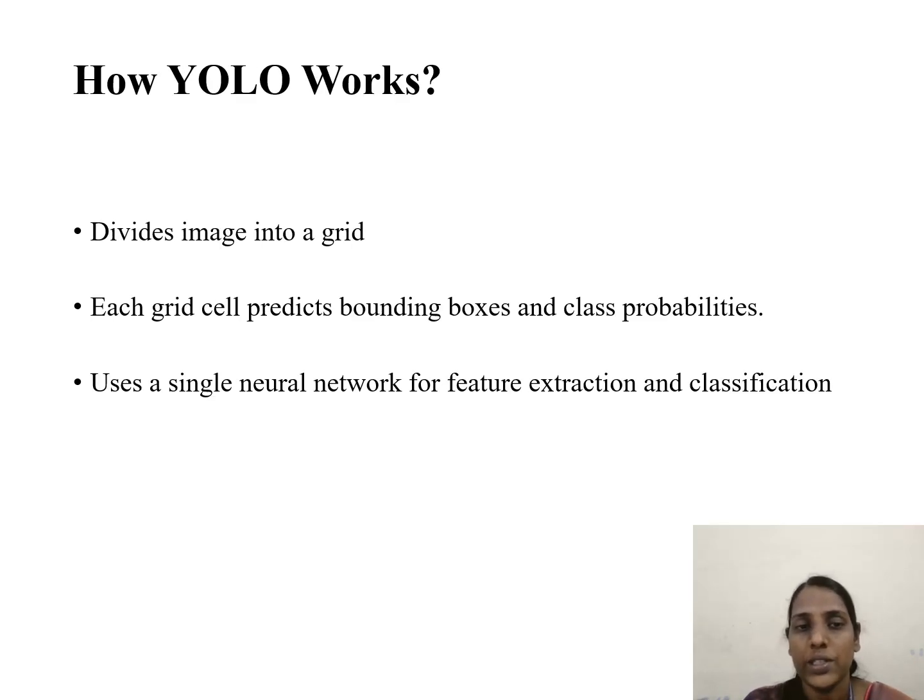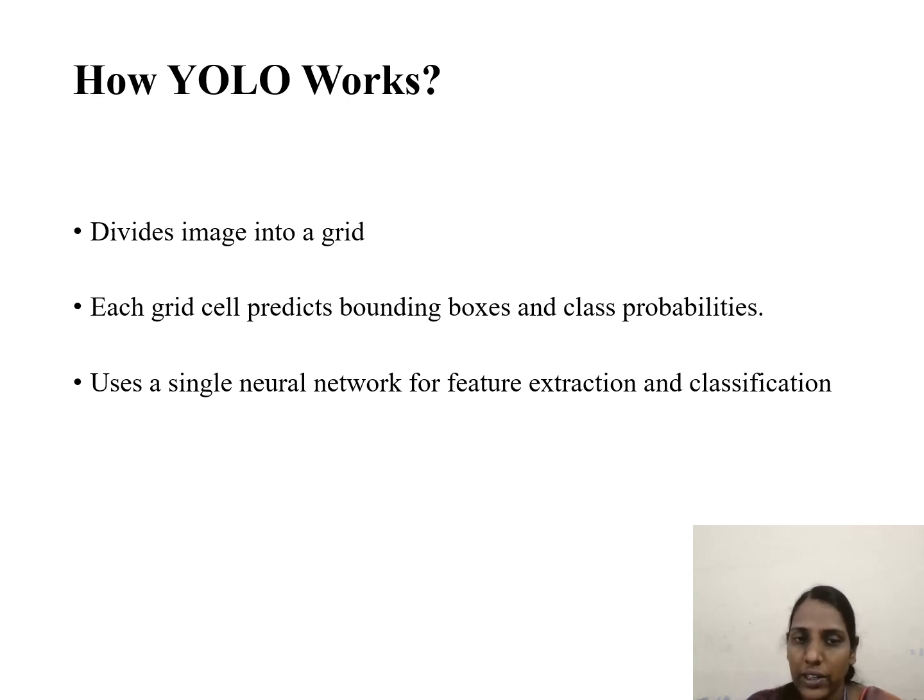How does YOLO work? It divides the image into a grid. Each grid cell predicts bounding boxes and class probabilities. It uses only a single neural network for feature extraction and classification. These are the three key points of how YOLO works. First it divides the image into a grid.